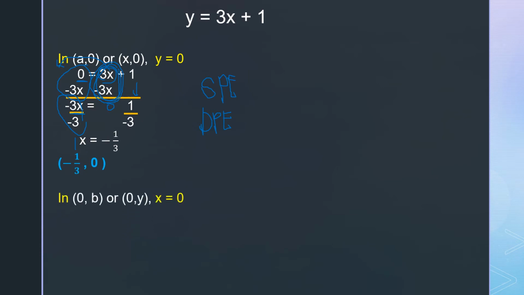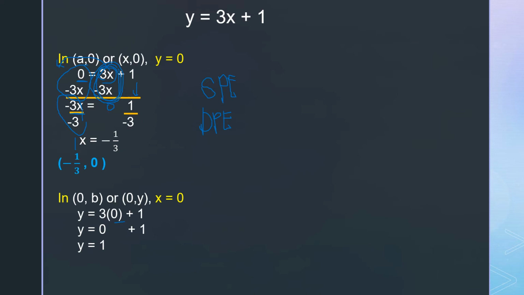For the second one, 0b or 0y, the value of x is 0. In here, we can get the value of y given x is 0. In the equation, that will become y equals 3 times 0 plus 1. So we substitute the value of x in our equation, and then we simplify 3 times 0, which is still 0.